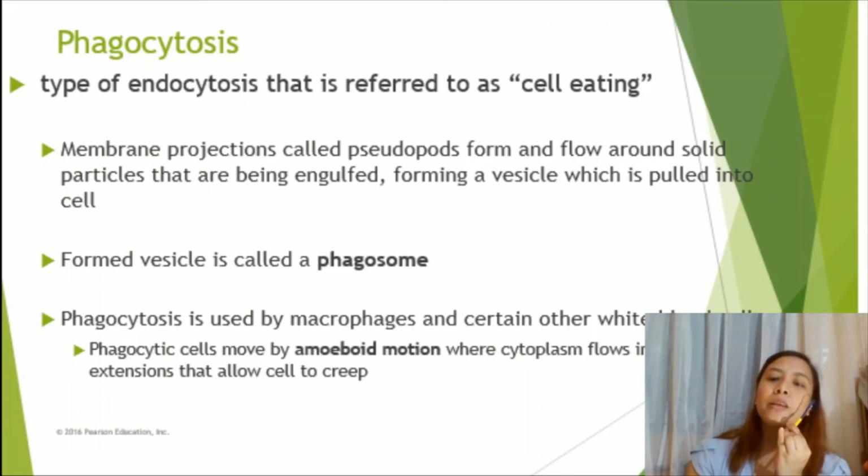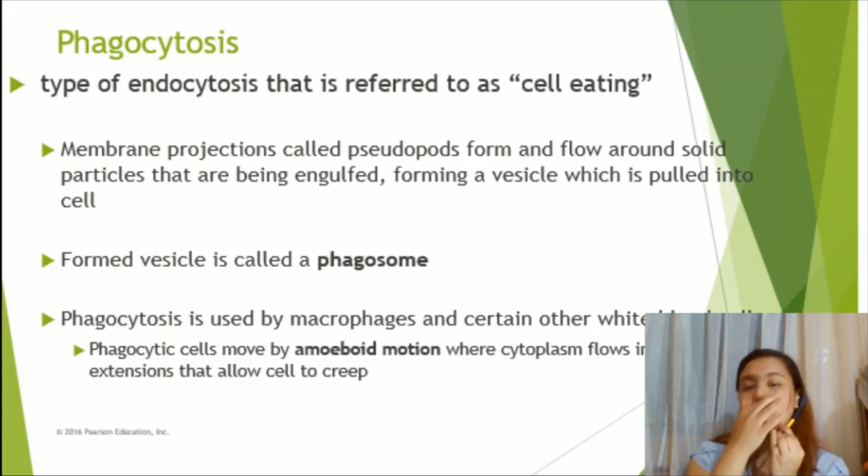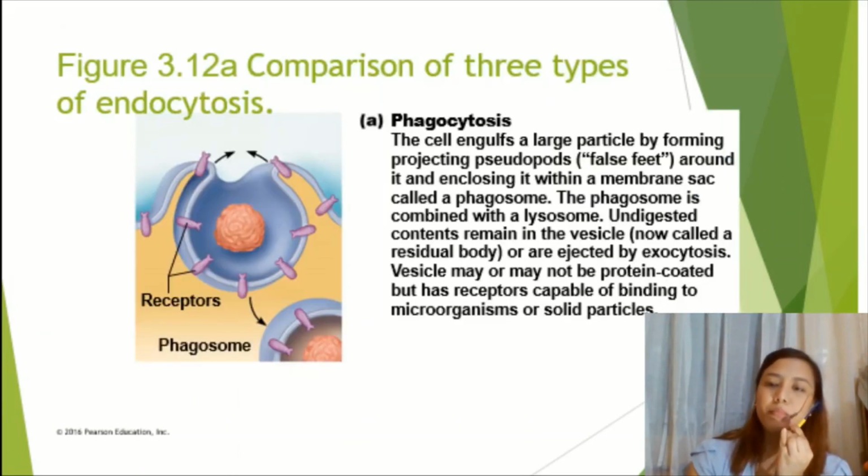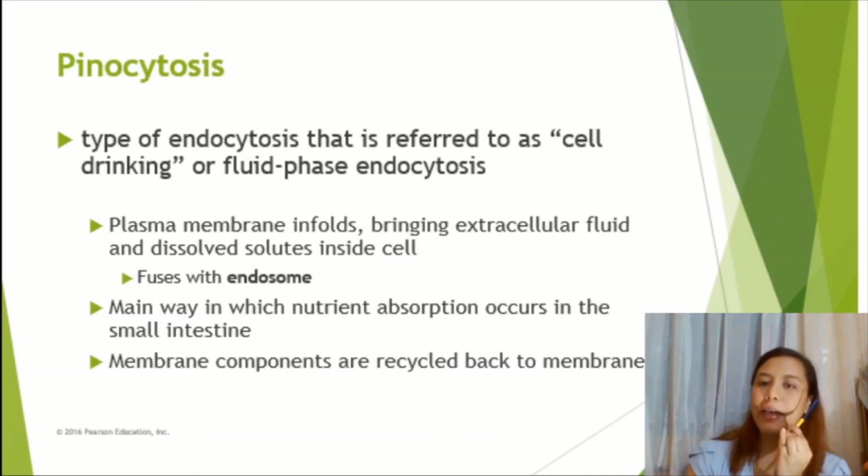Okay? So just read almost. So the vesicle that is formed during phagocytosis would be your phagosome. Okay? And here, these are just detailed things. And in your pinocytosis, it's just the same. It's just that what you are ingesting would be in fluid phase.